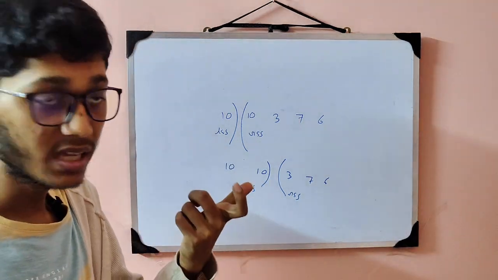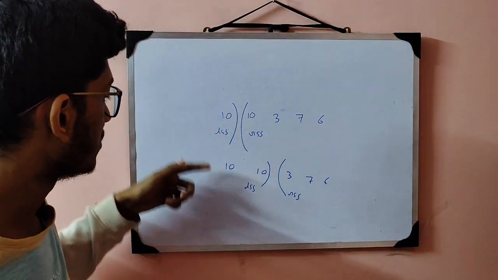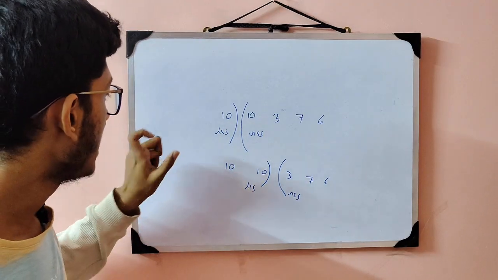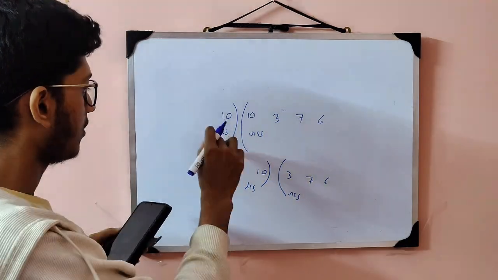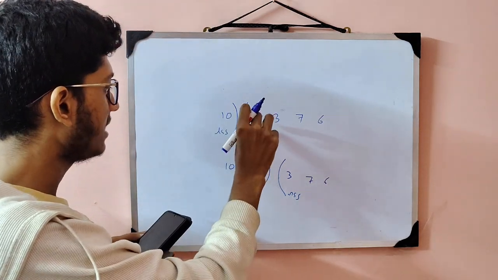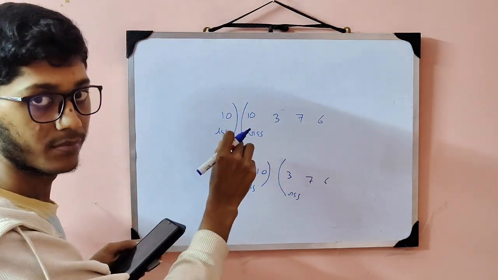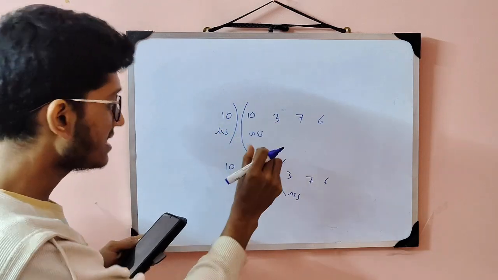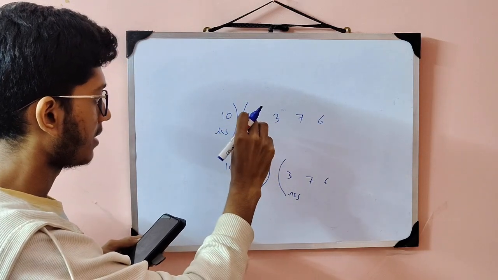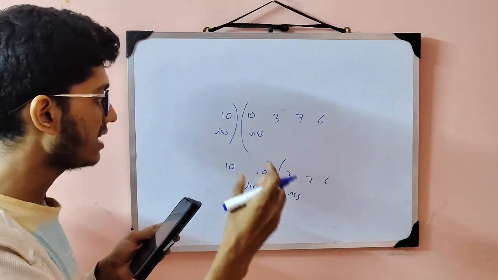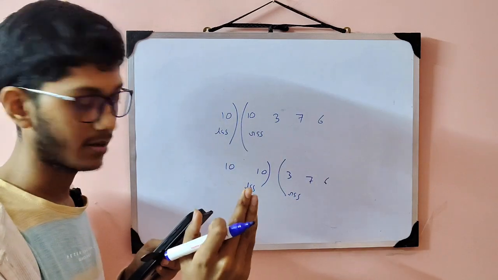When we go from the ith iteration to the i plus 1th iteration, for the left subarray sum the next element gets added, and for the right subarray sum the ith element, which is the current element, gets subtracted.